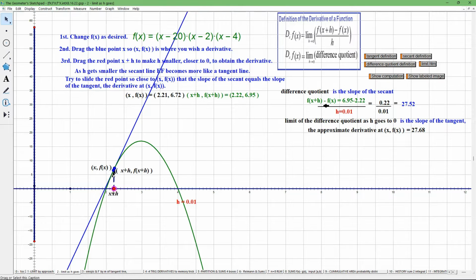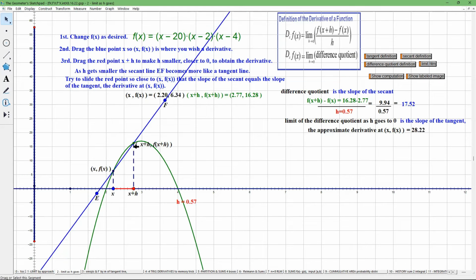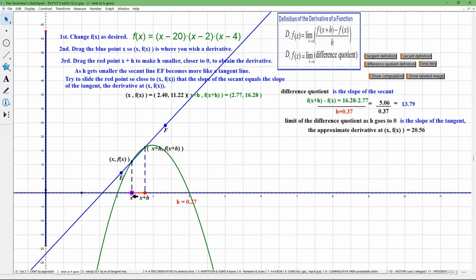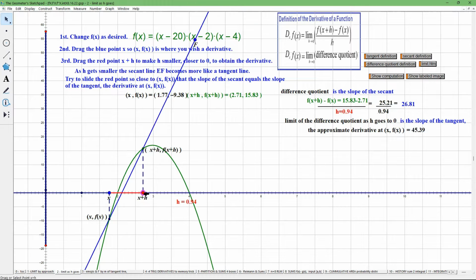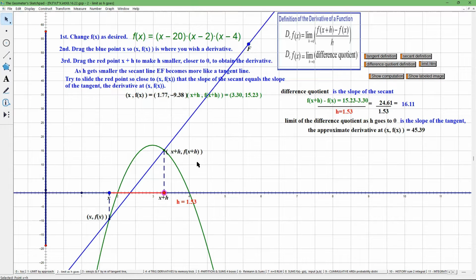So the derivative as best we can write it is 27.68. Now we could have chosen a different x value. Let's put the x value there. Let's approach. So you first set where you want it to take the limit, then you take the limit.